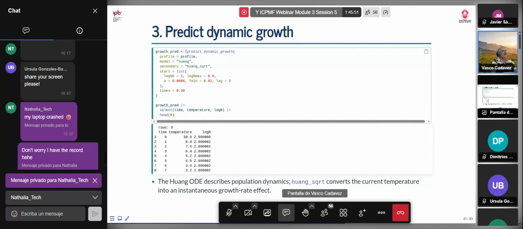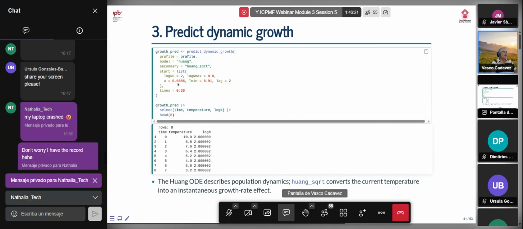Okay, so we have the profile. So now we can predict the growth using this predicted dynamic growth. You need to feed the profile. You need to feed the model that you want to use. In this case, we are using the one square model for the primary model and the one square root model for the secondary model. Of course, you need to give the starting values and you need to give the times that you want to predict.